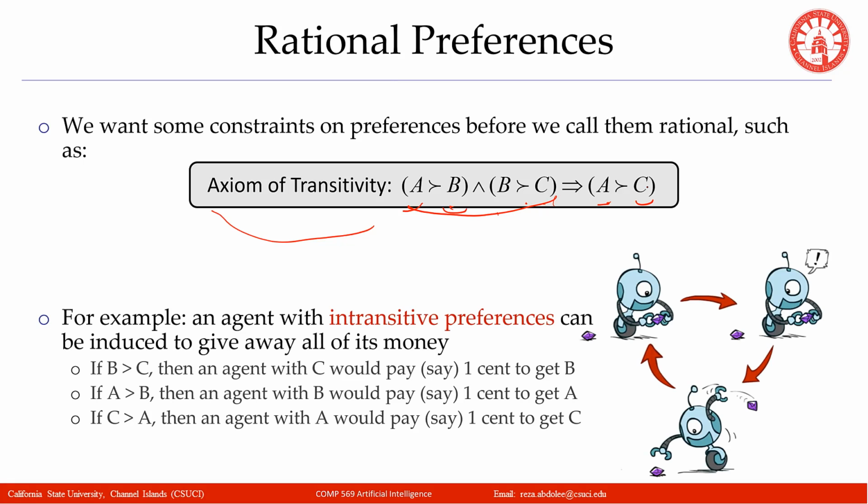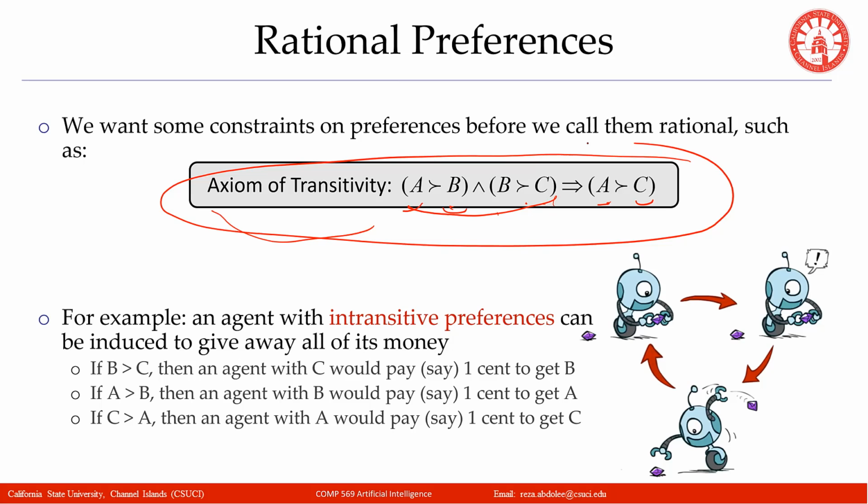So let's see what is going to happen if this axiom is not followed by an agent. If you have an agent that prefers B over C, it wants to get prize B and exchange it with C and pay 1 cent for it.